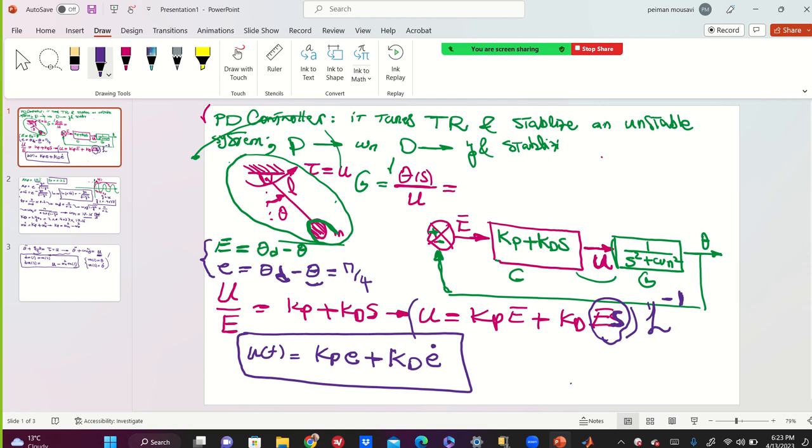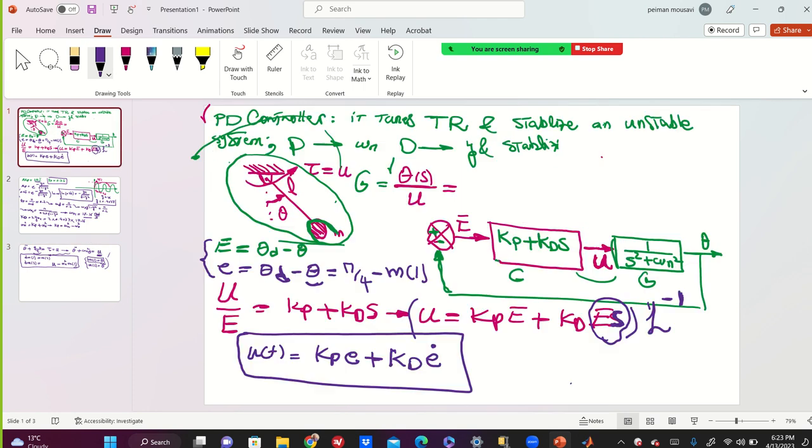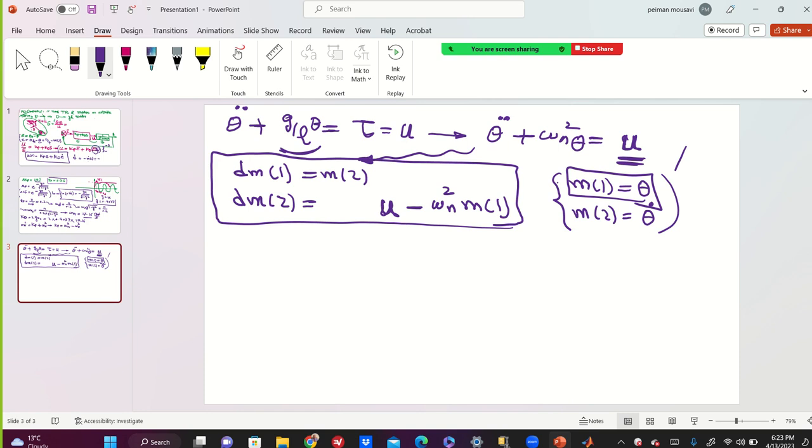Real angle based on the state variable is what? M1. Here we go. You see, step by step. So E dot is gonna be minus M dot 1. What is M dot 1 based on the state variable?